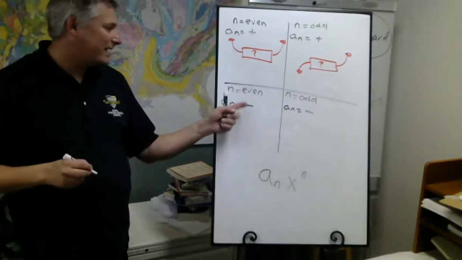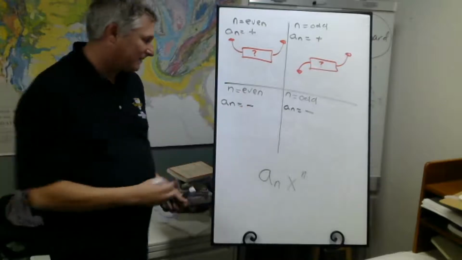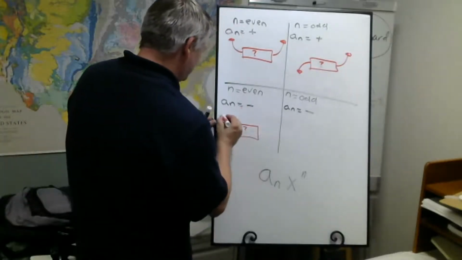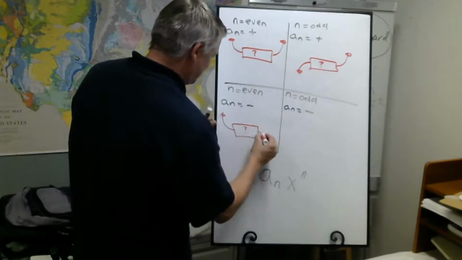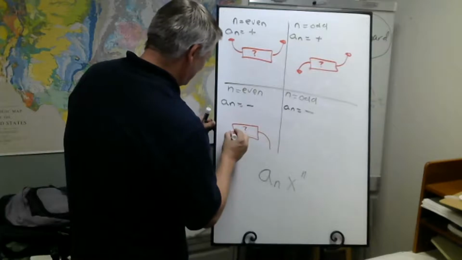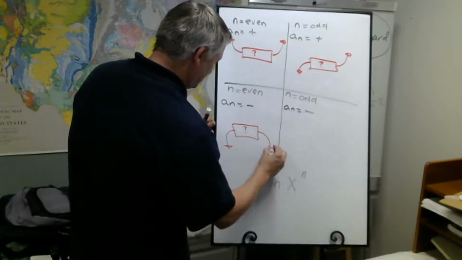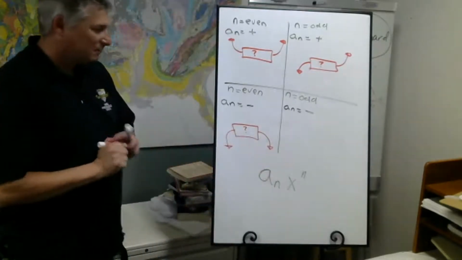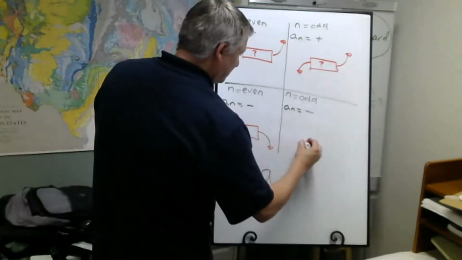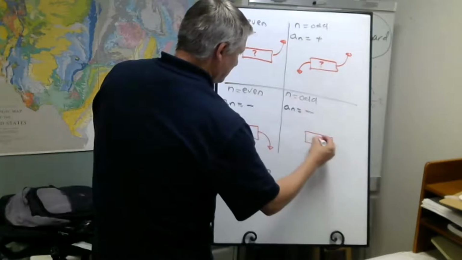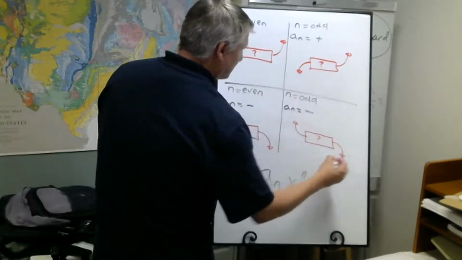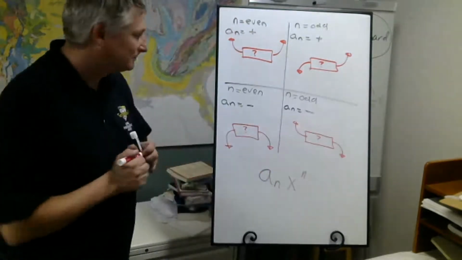Now, if n is even and a sub n is negative, again, not sure about the middle, we're going to get something like this. Oh, sorry, this is even. I'm going to do this. Both of them drop down. And then for n is odd, we're going to get something like that.